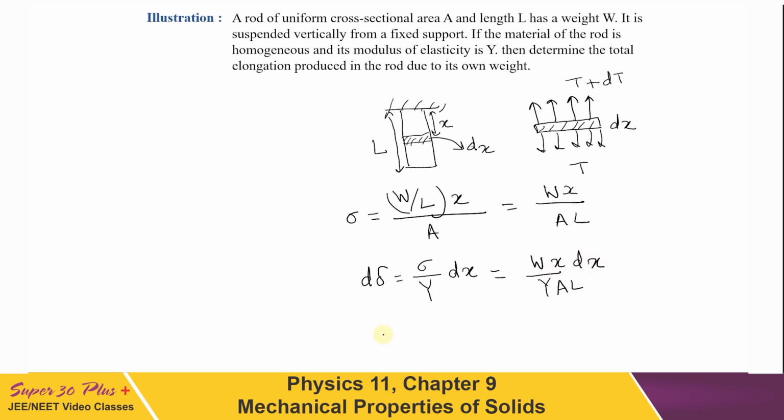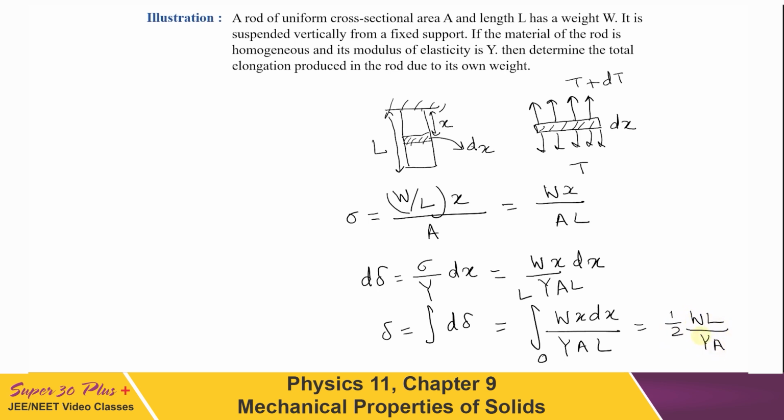So the total elongation produced, if it is delta, should be the integration of this small elongation. So on integrating Wx dx upon YAL within the limits 0 to L, for the whole length, the final answer we will get is 1 by 2 WL upon Y into A. This is the total elongation produced in the rod due to its own weight.